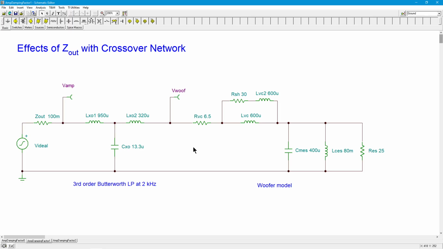Now, one final thing I have to throw in here. In the real world, this situation is actually a little worse because the inductors in your crossover also have resistance, so they're going to exacerbate this problem.